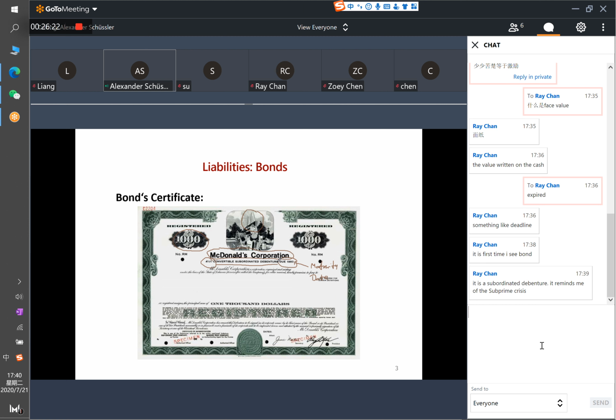Ray Chan said it is a subordinate debenture. It reminds me of the subprime crisis. Yeah, very good. This is not the safest thing. Of course, you have to say that McDonald's is not the worst company at least.